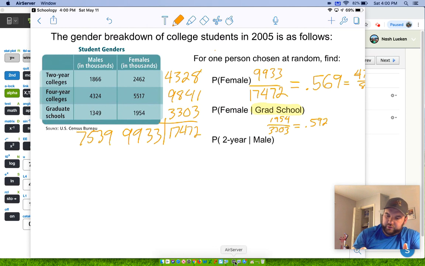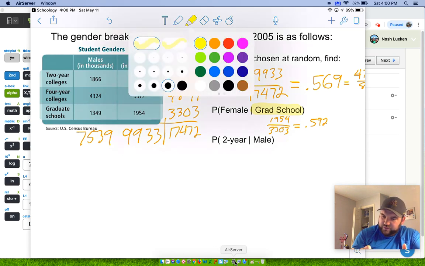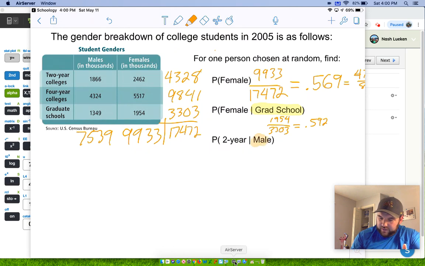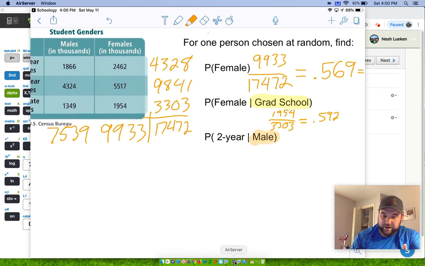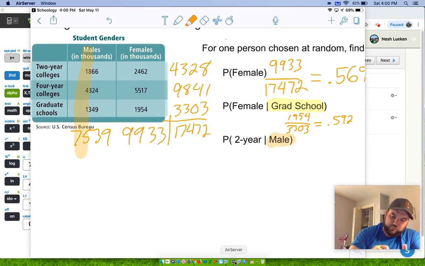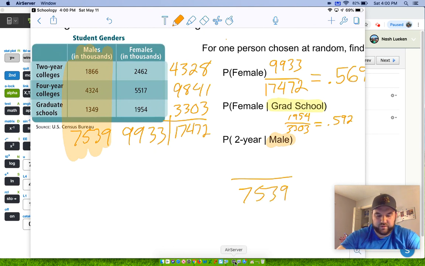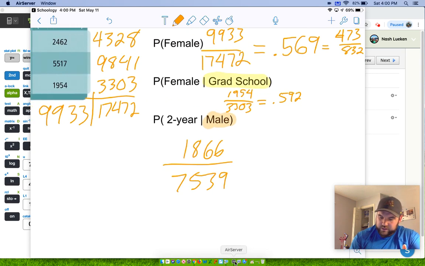Finally, let's flip the script a little bit. What is the probability of picking a student who is in two-year college given that they are male? Now male is the given event, which means I'm working in this column right here. These are all the males. Out of 7539, which are all the males that were in college, what's the probability that I choose someone in a two-year school? It's going to be that 1866. So 1866 out of 7539.